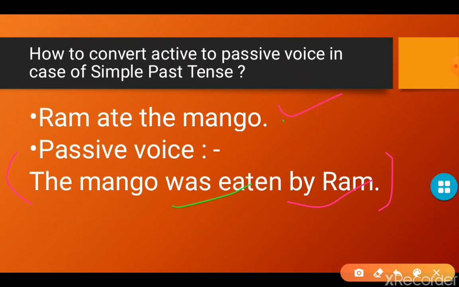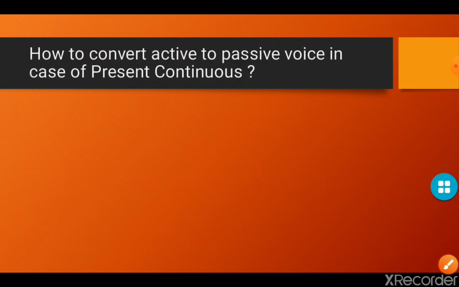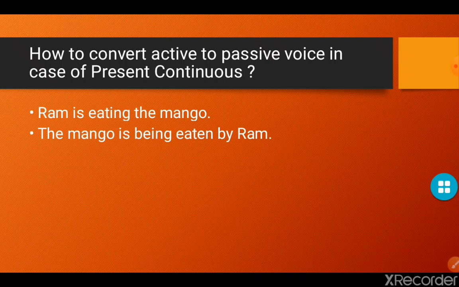So then come to present continuous active voice. Okay. Once again I am writing: Ram is eating the mango. So what may be the passive voice? Tell me. Likewise, what? The mango is being eaten by Ram.